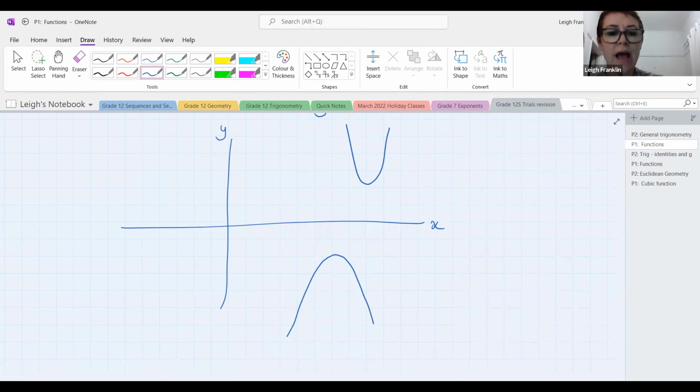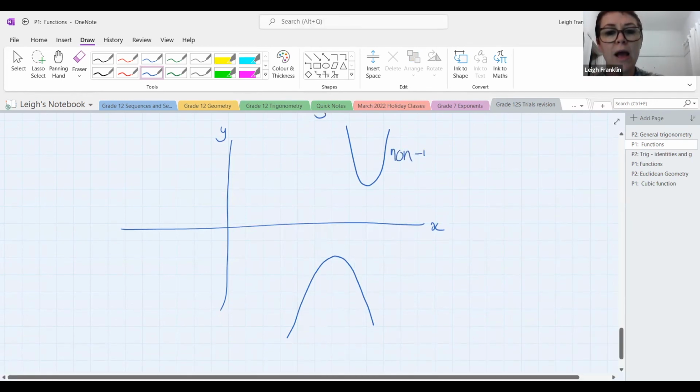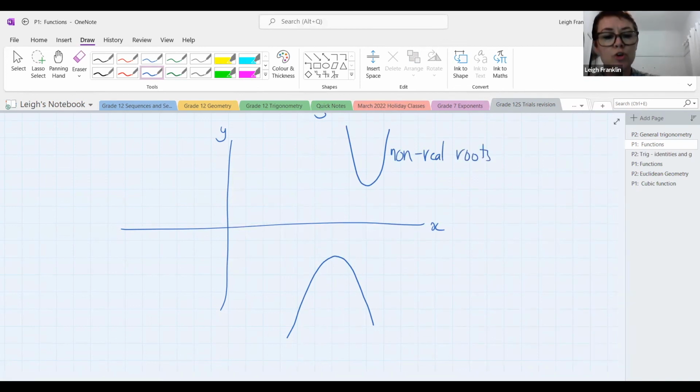So both of these have what we would refer to as non-real roots. So it's not the shape. The shape of the parabola has got nothing to do with it. It's the fact that neither of these intersect the x-axis.